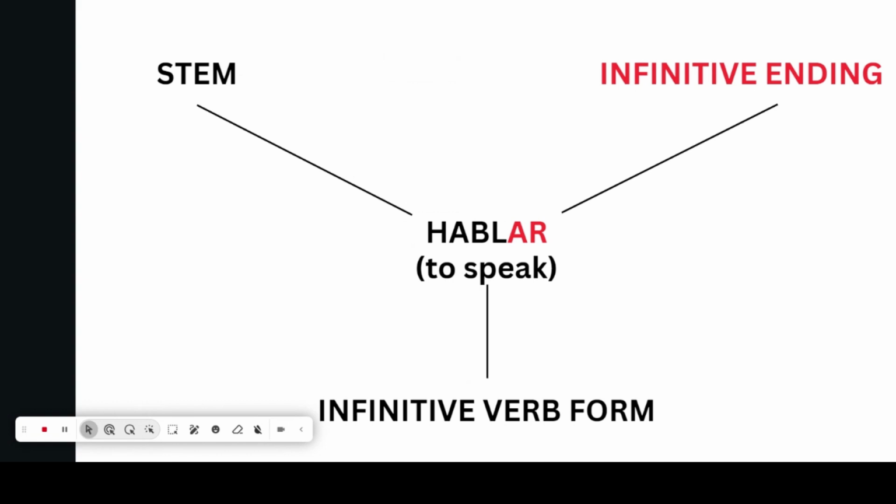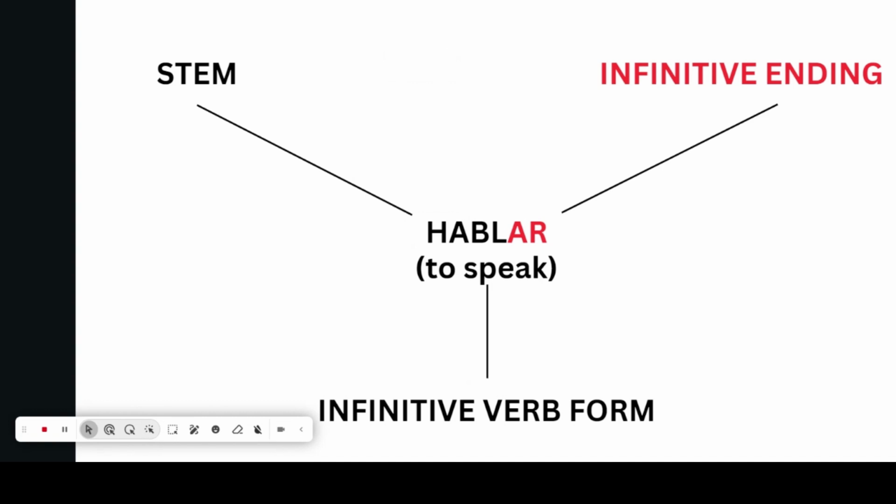So we're going to go through the breakdown of what a verb is. When you look at a verb, you have to know that there are two parts of a verb: the stem and the infinitive ending. Those two together make the infinitive verb form. So the word hablar is in an infinitive verb form, or sometimes you can just say the infinitive.